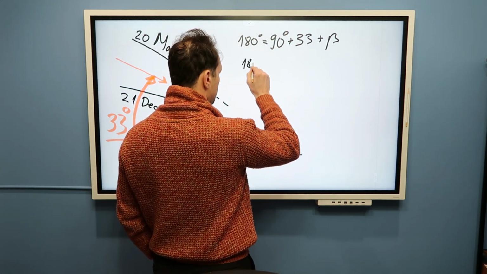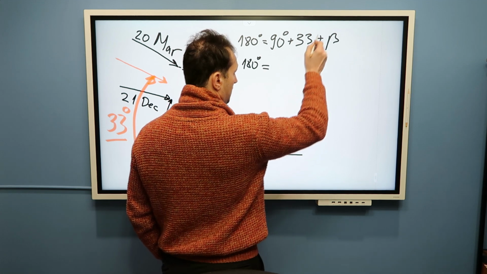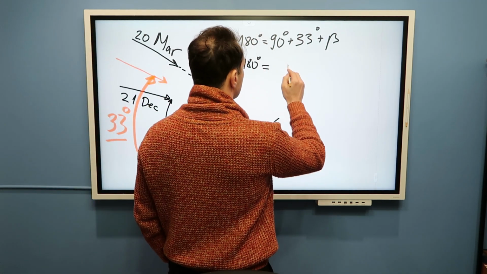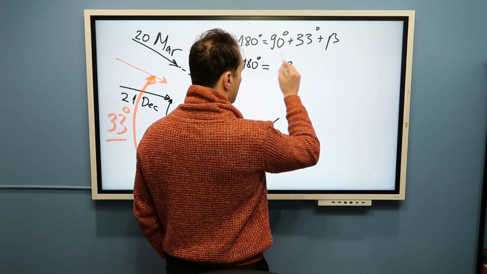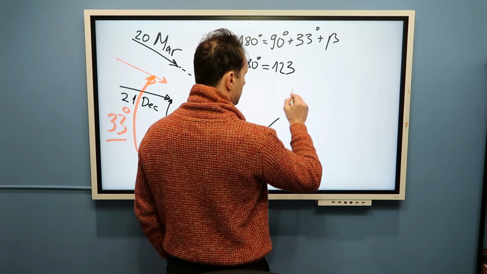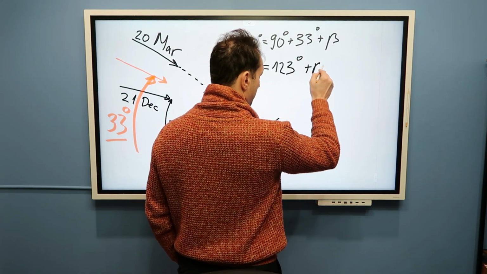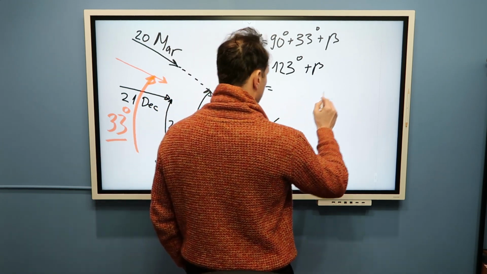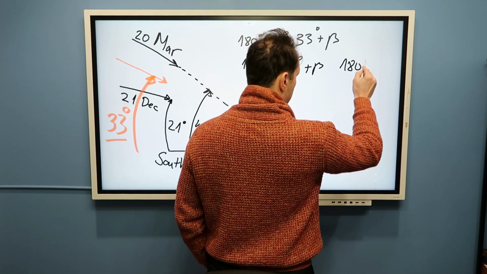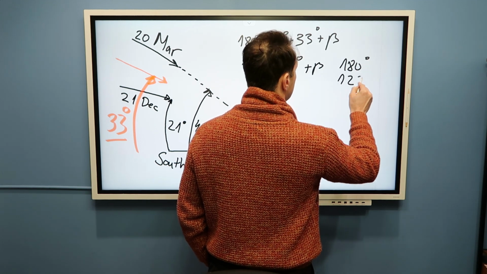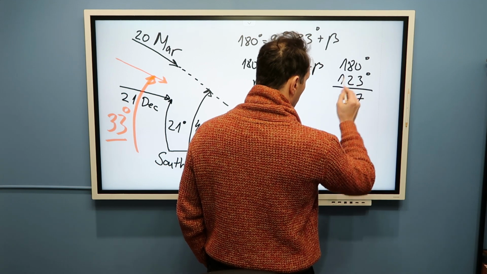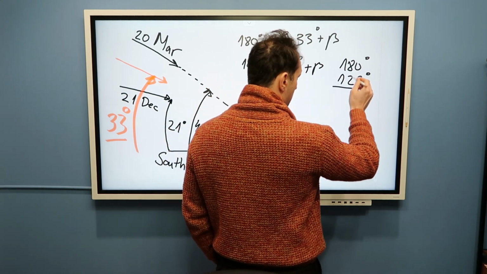So 180 degrees is equal 90 and 33, so that will be 123 degrees plus beta, which means that beta is equal 180 degrees minus 123 degrees. 3 to 0 is 7. 2 and 1 is 3.